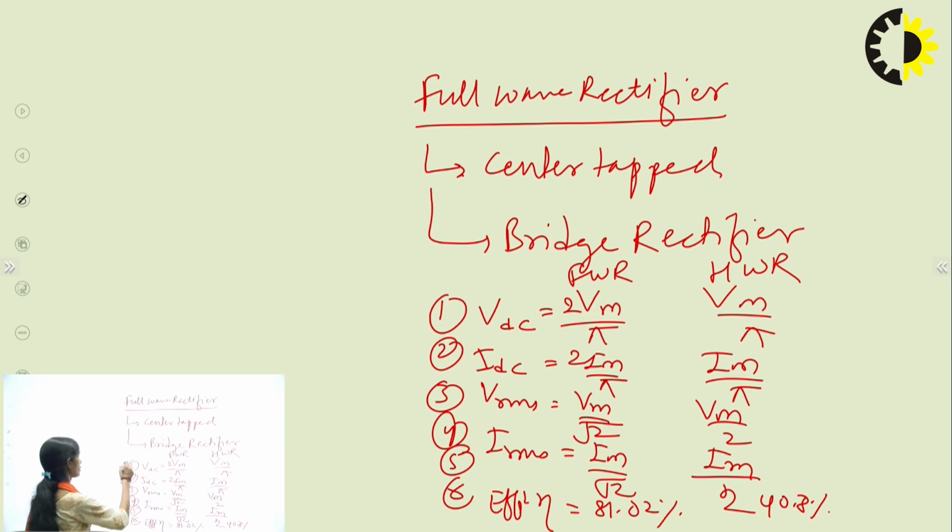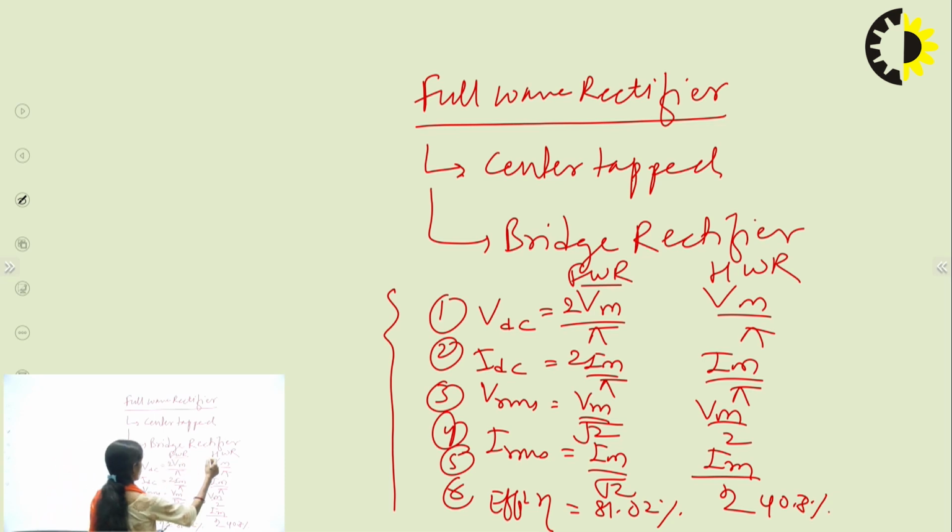So these are the differences we can obtain for the half wave and full wave rectifier. On the basis of these differences, we can say full wave is better for the conversion of the signal from AC to DC.